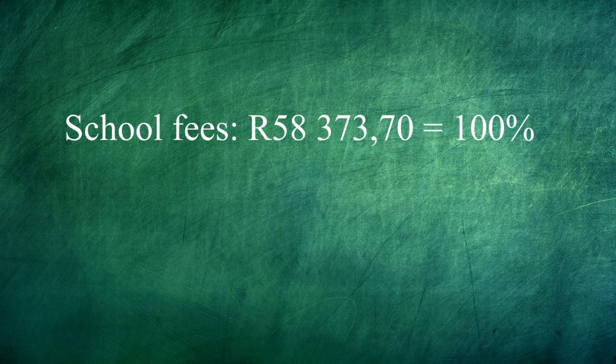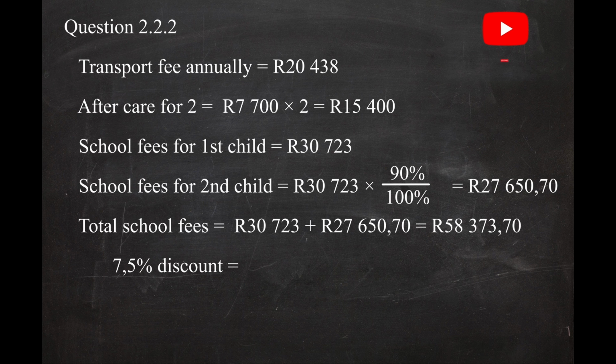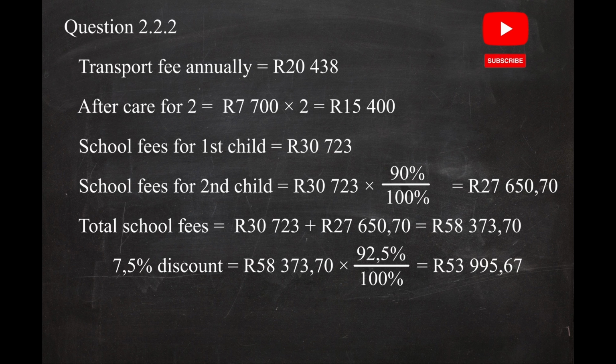If the school fees of R58,373.70 is considered to be 100%, then a 7.5% discount would reduce the school fees to 92.5% of the school fees payable. So R58,373.70 multiplied by 92.5% over 100%, and this equals R53,995.67.